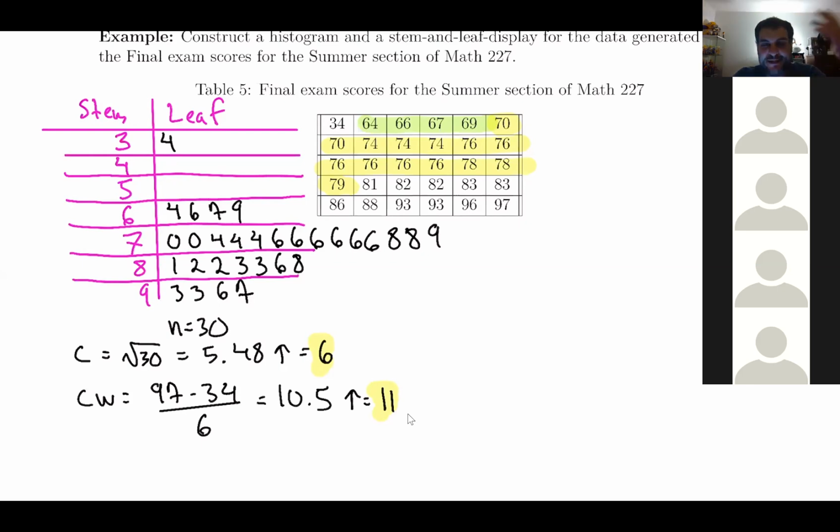So the 30 comes from counting these numbers. If you count them, it's 1, 2, 3, 4, 5, 6, 7, 8, 9, 10, 11, 12, and so on. If you actually count them, it will give you the 30.